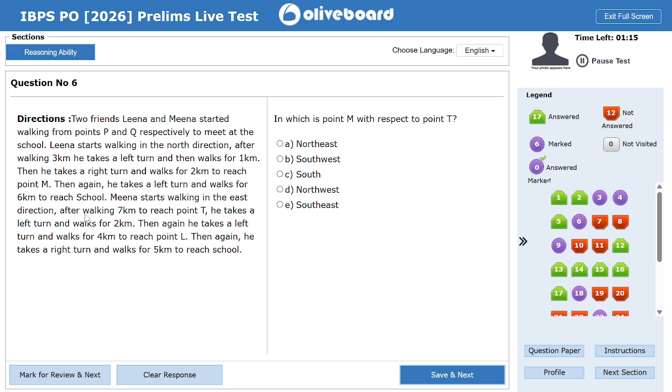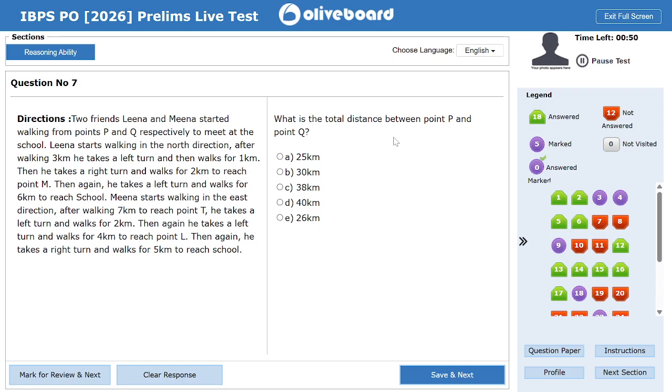Then he again the left turn 4 kilometers to reach point L. He again takes a right turn. Okay. M with respect to T. In which point is M with respect to T? South, west.